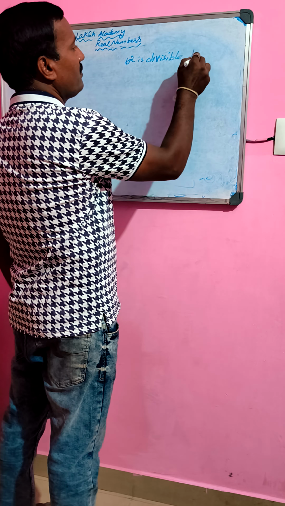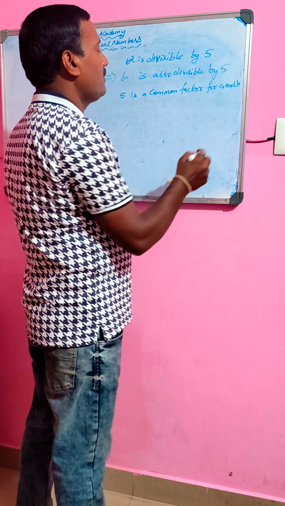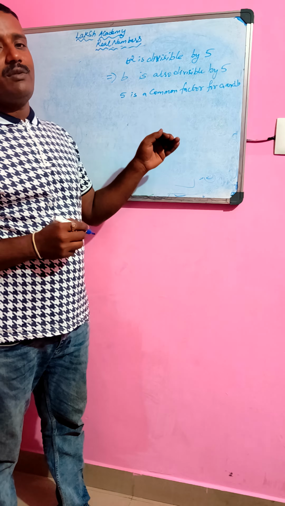Okay, b square is divisible by 5 means b is also divisible by 5. Then what we can conclude up to this means, therefore 5 is a common factor for a and b. So 5 is a common factor for a and b.